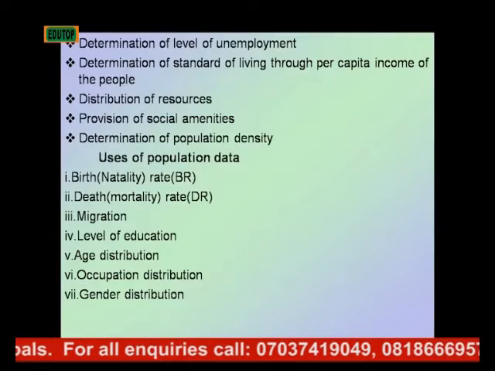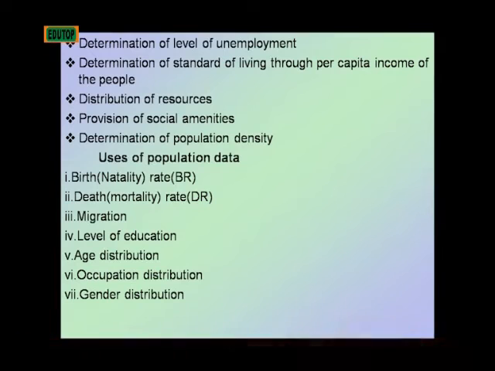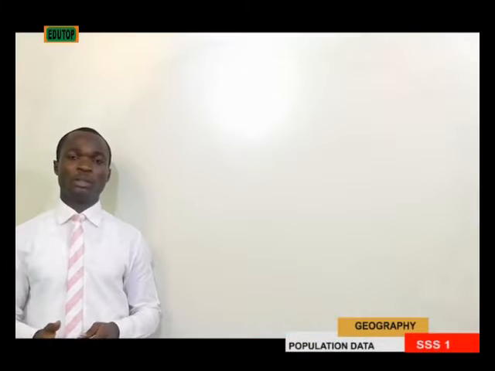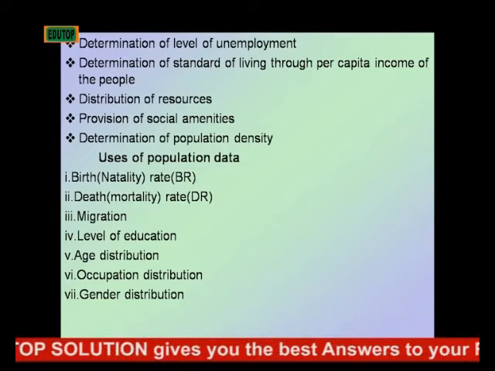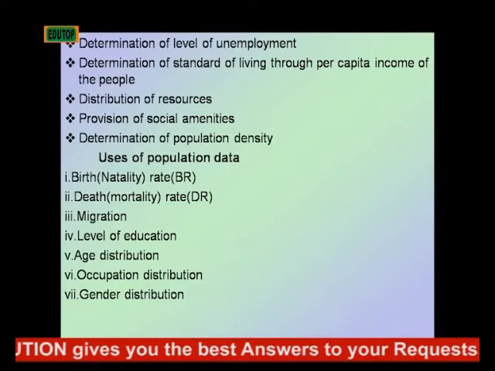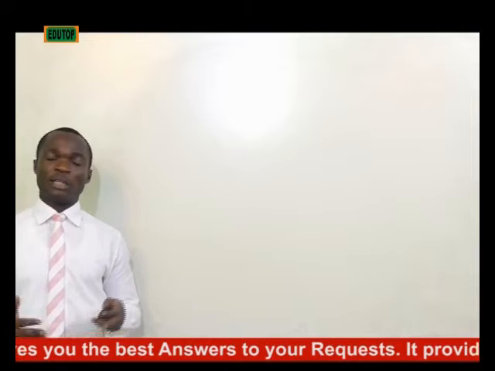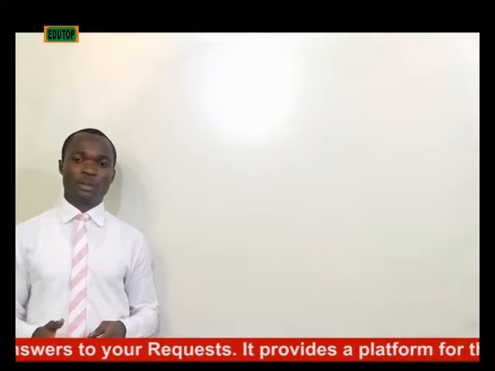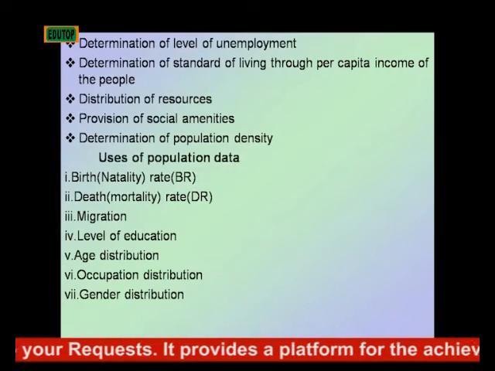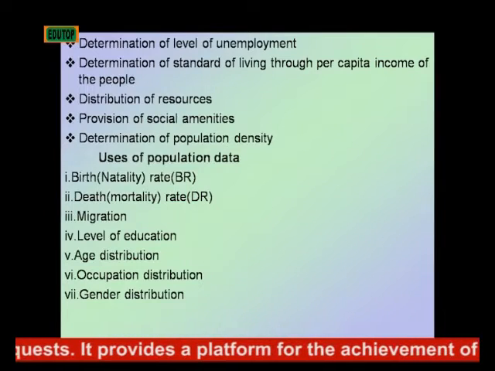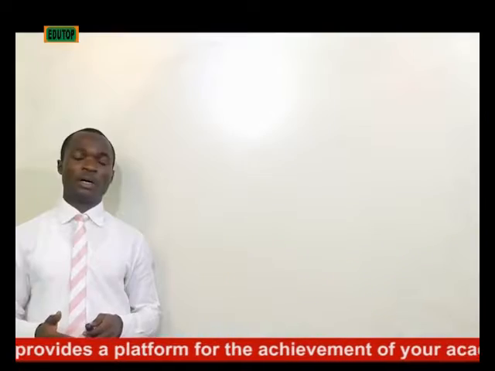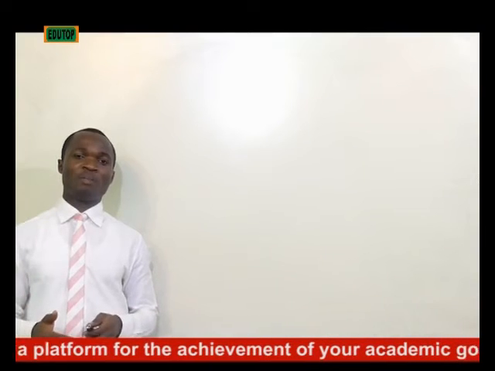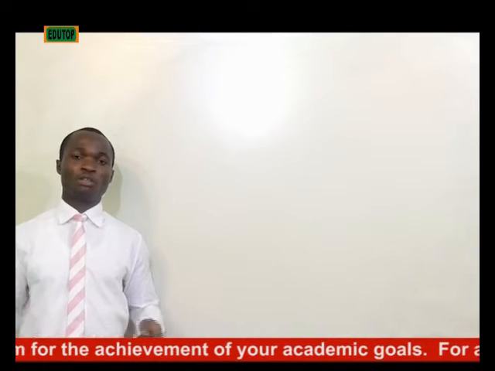We can also know the migration rate in the country, as well as the level of education, because these are all information that is provided as a result of conducting population census. We also can determine the age distribution. Do we have a high number of aged people in a country?